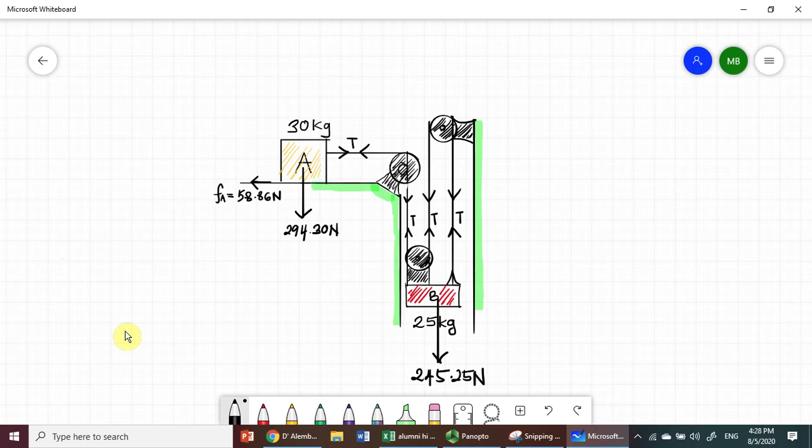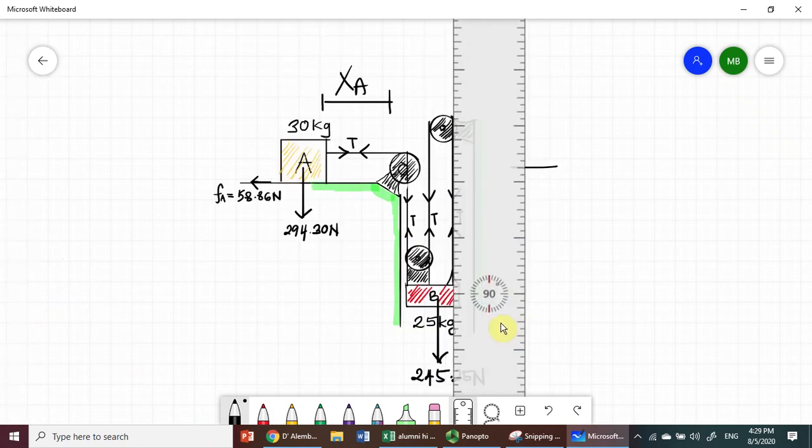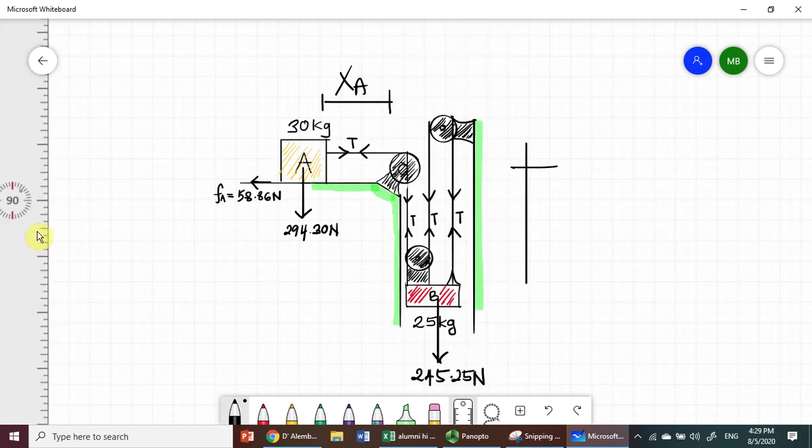Now, let's establish the lengths of the cable first. So let's say this is XA. And this is, let's choose YB.